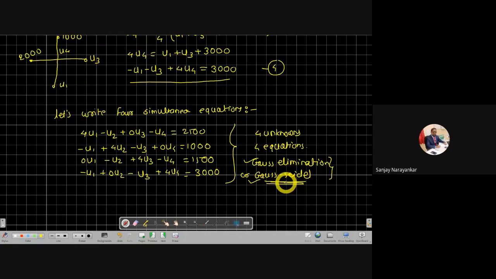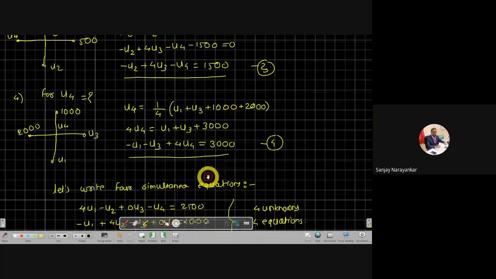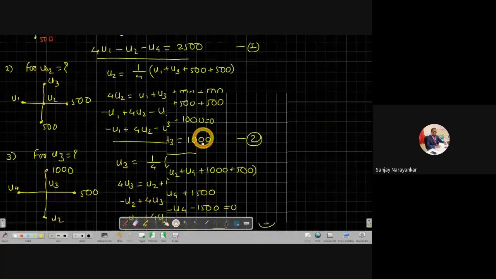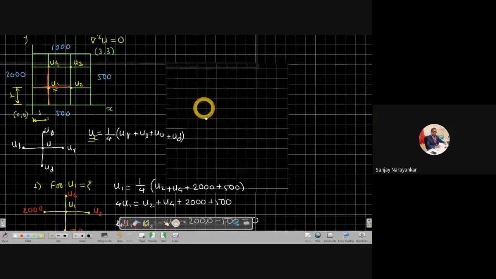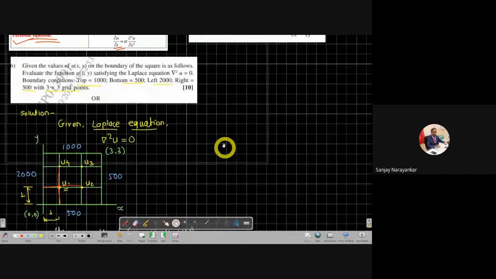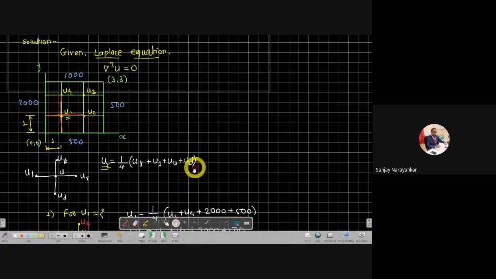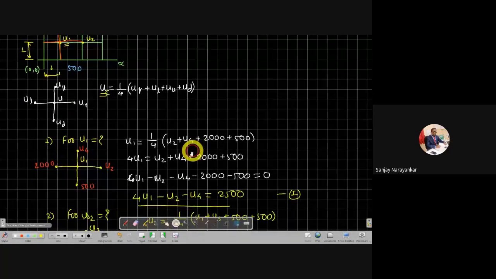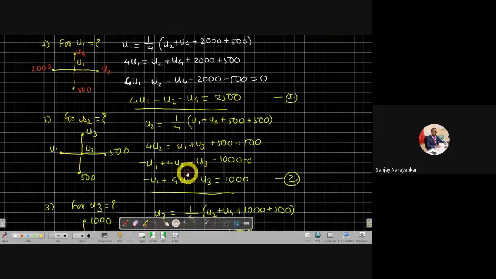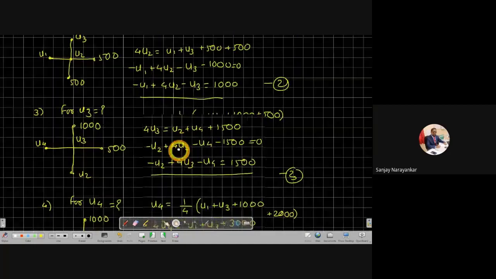And see, students, the question asked in the examination is of 10 marks. So 10 marks means, see, this is very simple. To get the equation is the very simple part. So you will get half of the marks for getting the simultaneous equations, right?